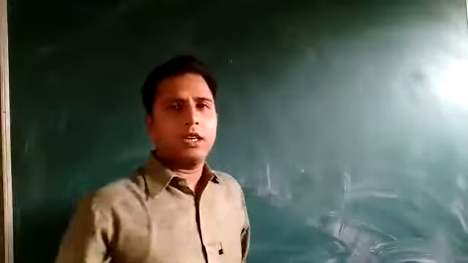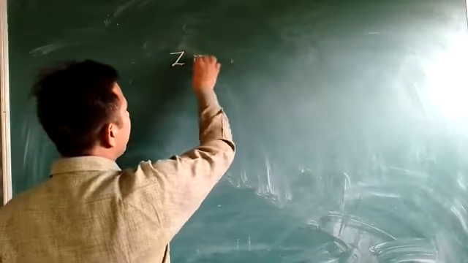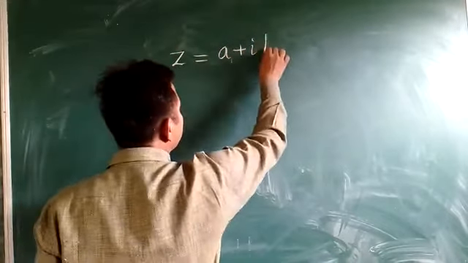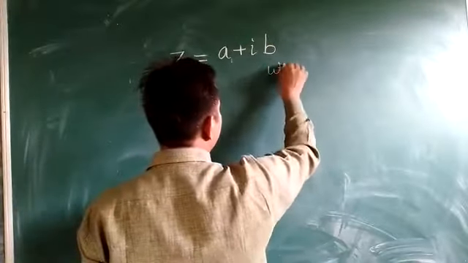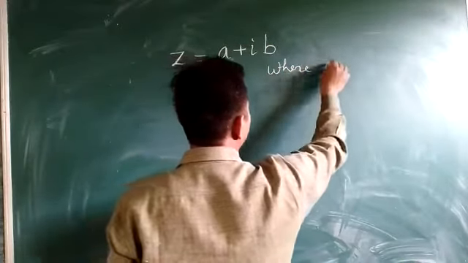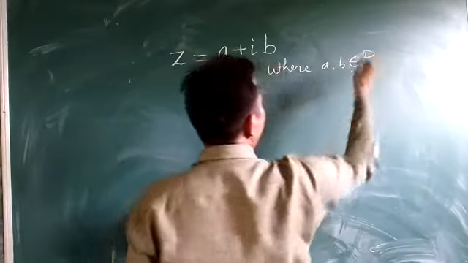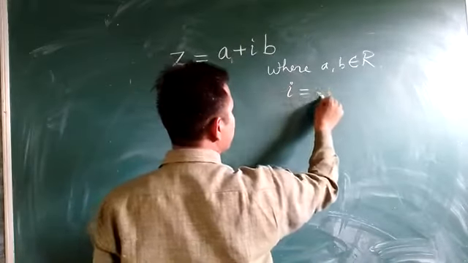A complex number is basically represented by small z and defined as a plus iota b, where a and b are real numbers and iota is the imaginary unit number.